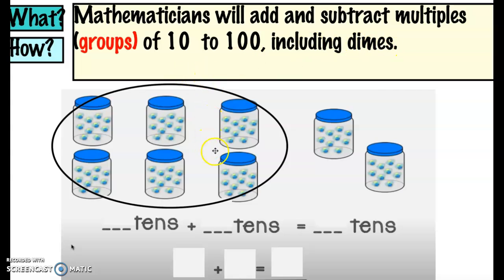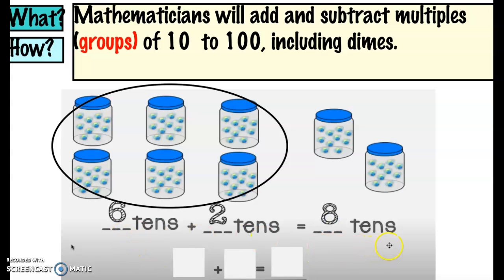So let's see. So we have some marbles. How many do we have in this circle? So we have 6 groups. How many are outside the circle? 2 groups of tens. 6 tens plus 2 tens gives us what? 8 tens.